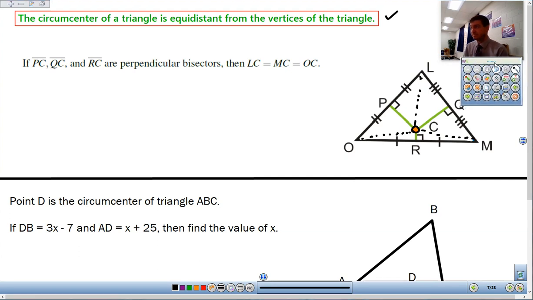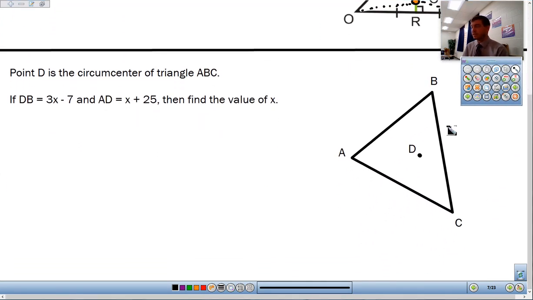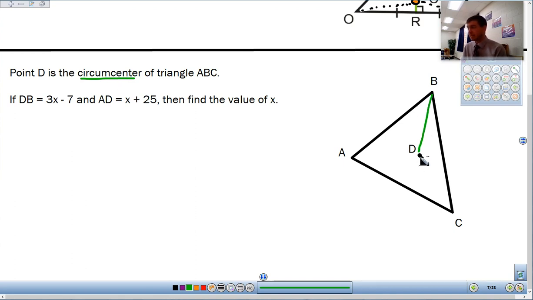Here we are told that point D is the circumcenter of the triangle. And because they say that it's a circumcenter, they're telling me that this is the same length as this, is the same length as that.